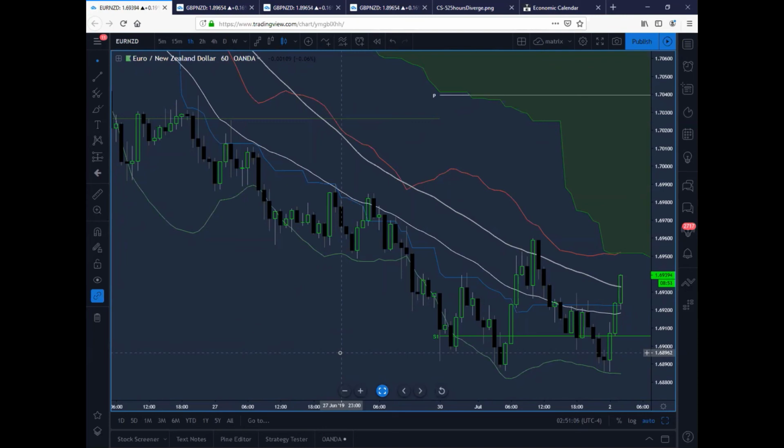There we go. 100 pips. Whoa. I'm glad I actually looked at that. I had it for a short position. Don't want that.